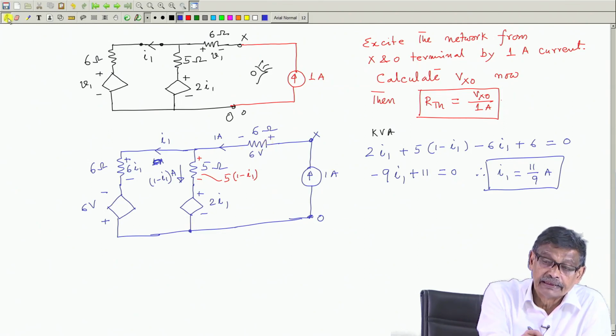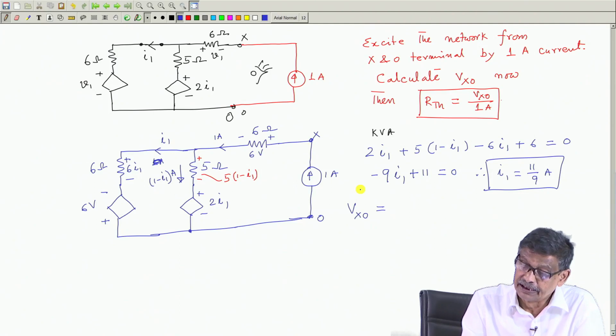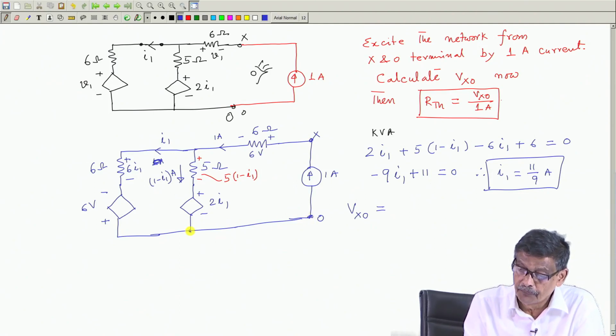Mind you, this is so. Therefore, I will say Vxo in this network, the potential difference between these two. Start your journey from O and try to reach x via this path.